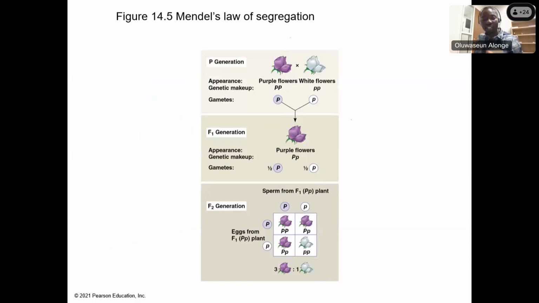Now, there's no time when you are going to decide to do otherwise. Dominant alleles will always be uppercase, and recessive alleles will always be lowercase. There's never any time when it's going to be alternated.